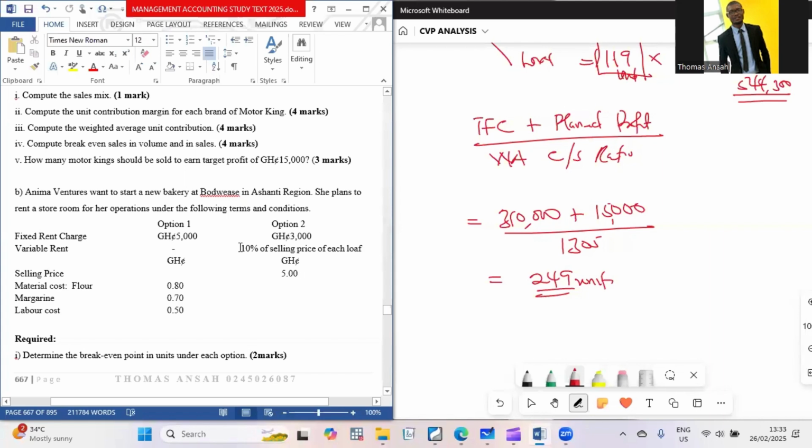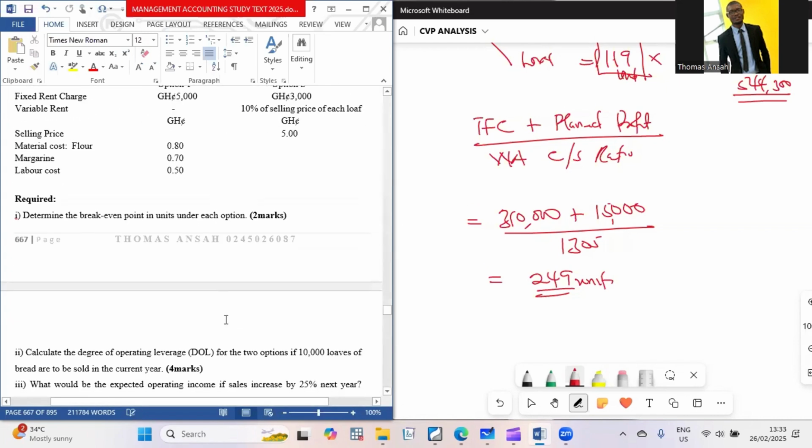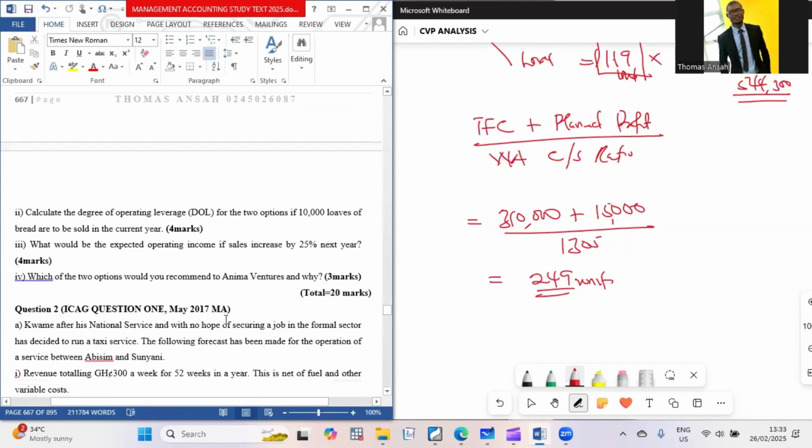So there is another one here, which you can take time and look at. So you have the fixed rent charge, variable rent charge, and all those things. Okay. So basically, that is that. You have a feel of it. If you have this manual, you can go in there and do more examples of that.